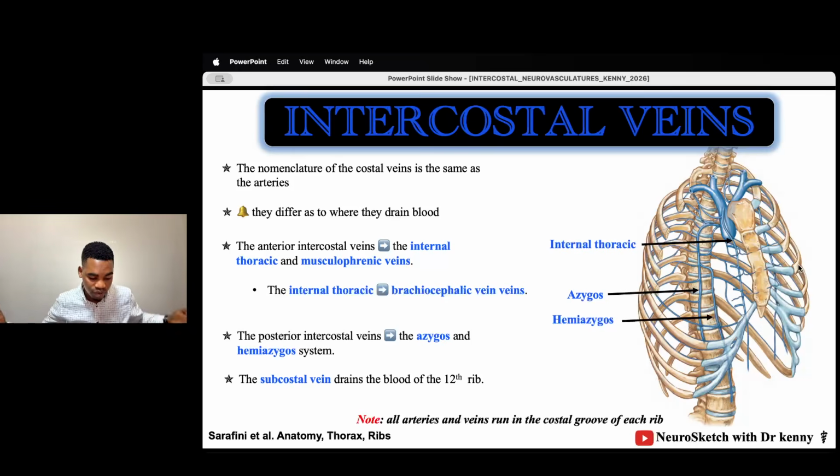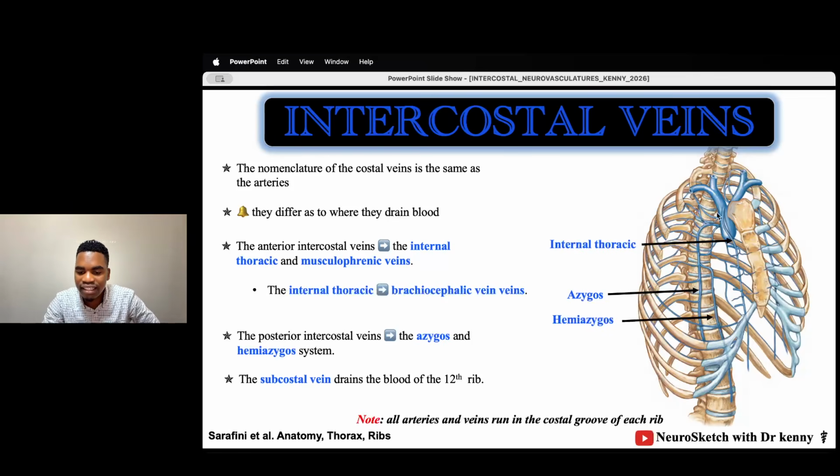The anterior intercostal veins are draining blood directly into the internal thoracic vein. The musculophrenic vein is also draining blood into the internal thoracic vein. And the internal thoracic vein, instead of draining to the subclavian as the artery would do, drains into brachiocephalic veins on either side.